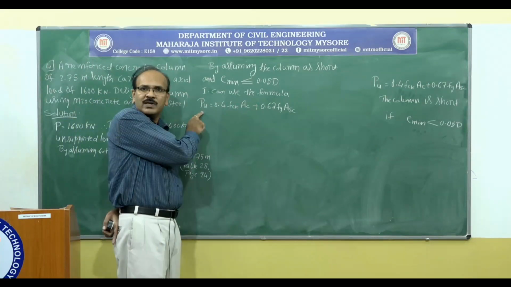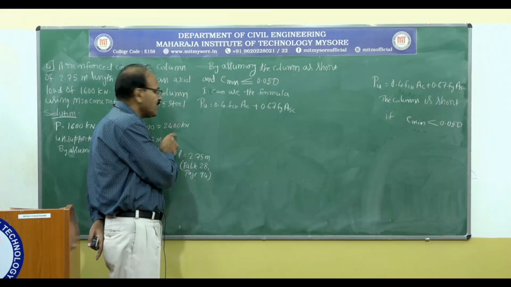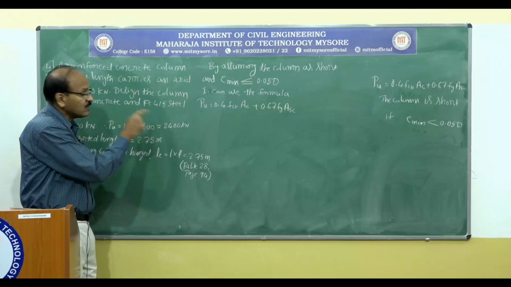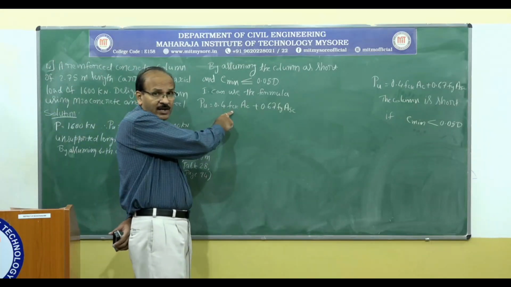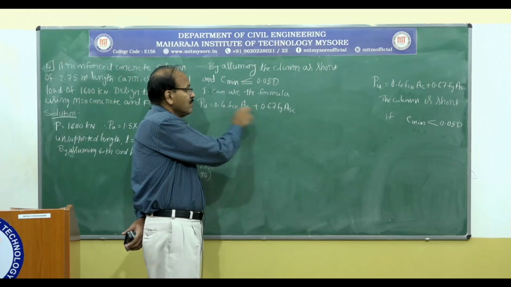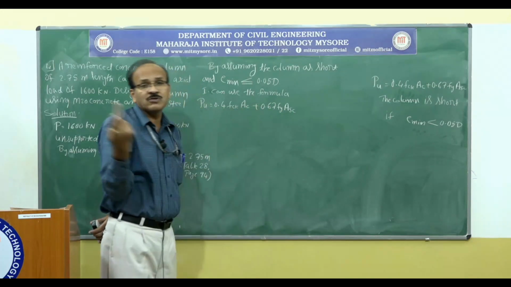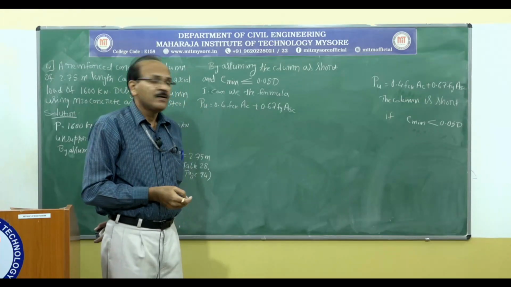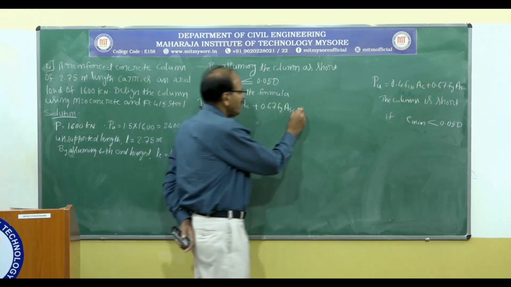Pu in this formula is known, that is 2400 kilonewton. FCK is 20, that is given. FY is 415. ASC and AC are the two unknowns. We have only one equation, equation 1.